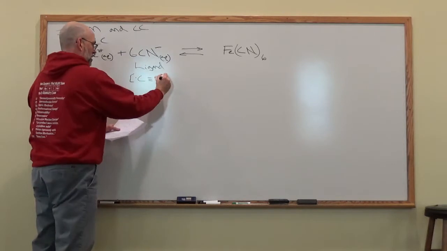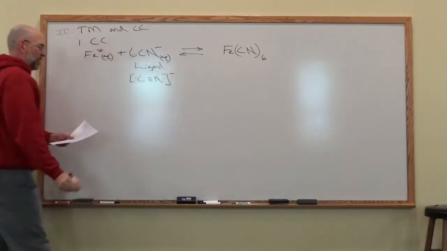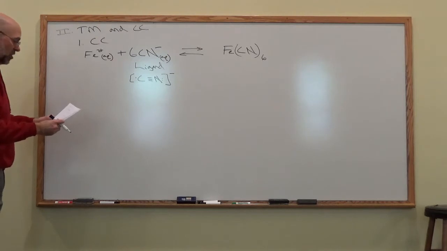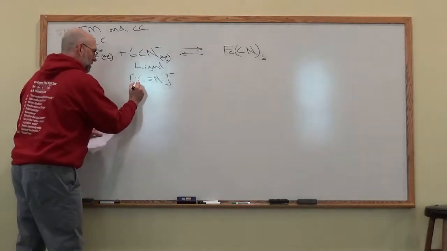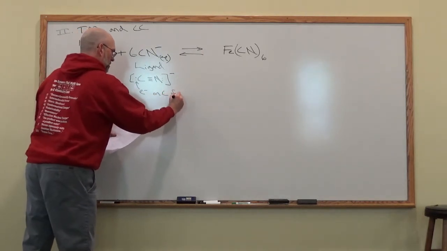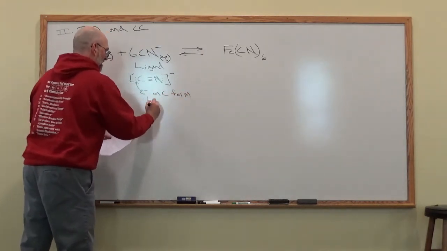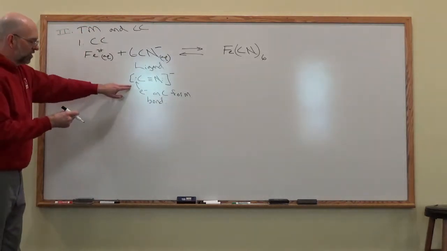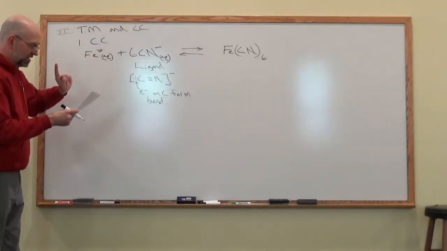So that's how we would draw the electron dot structure for that polyatomic anion. It's the electrons on carbon that form these bonds. Why is that?